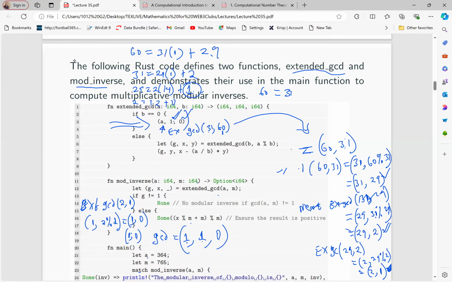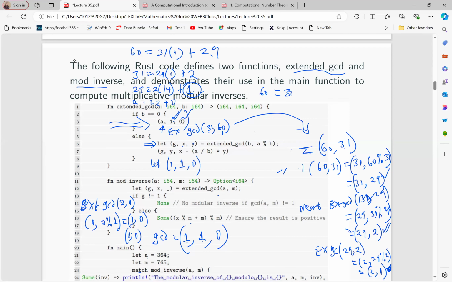You see, we are coming with this. It says let GCD, X and Y, so we're just saying let GCD be 1, X be 1, and Y be 0.